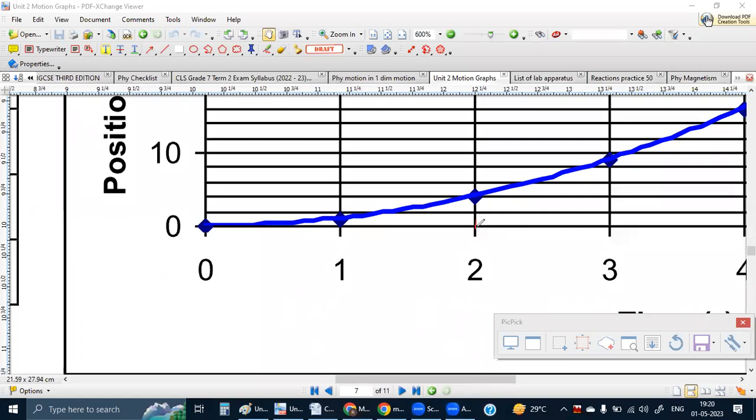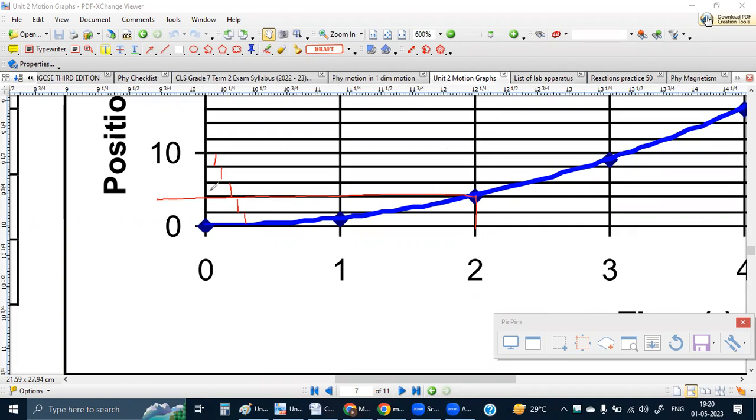This is 2 seconds. And then this is going to be the distance traveled. Now see, 0 to 10 is divided into 5 parts. 1, 2, 3, 4, 5. It means each part is 2 meters.